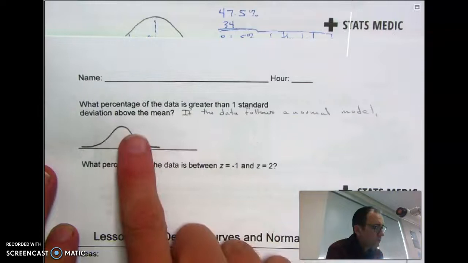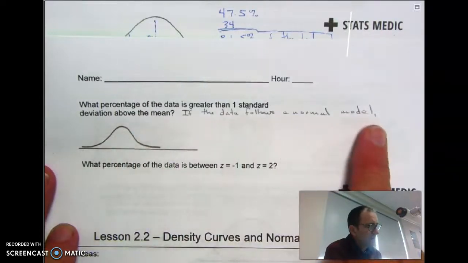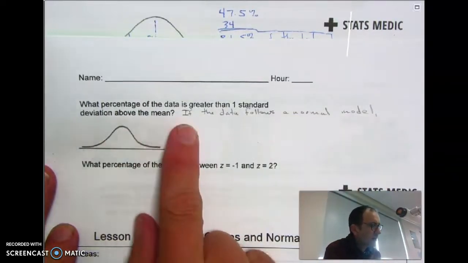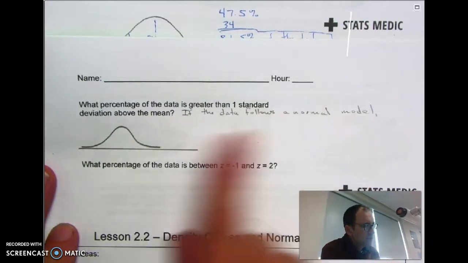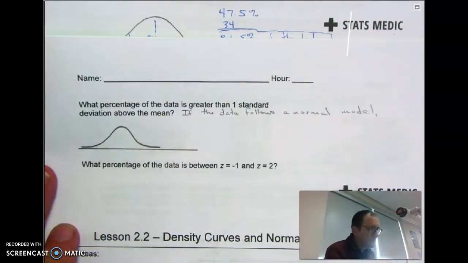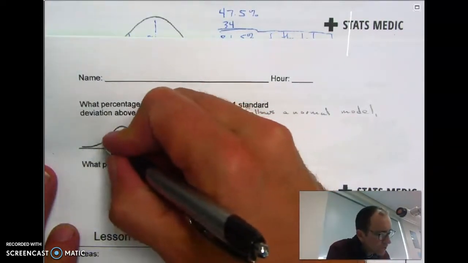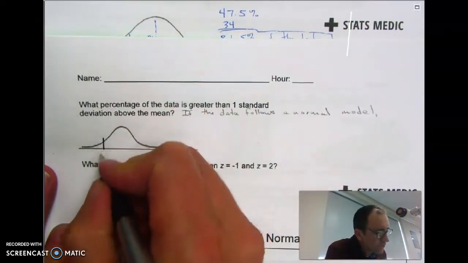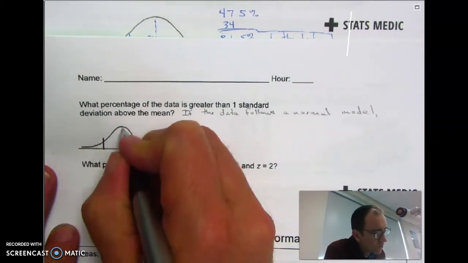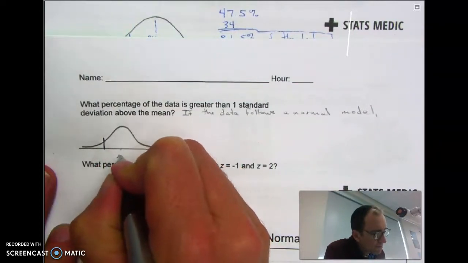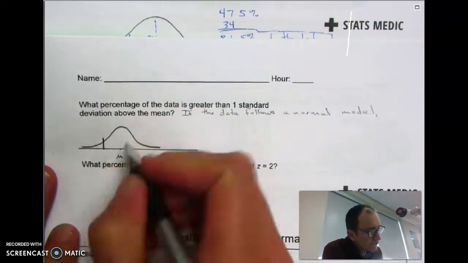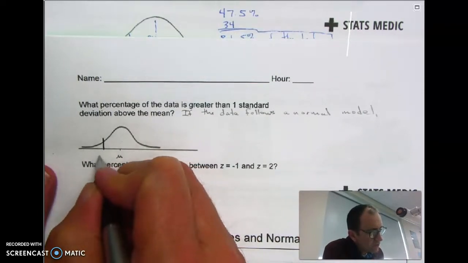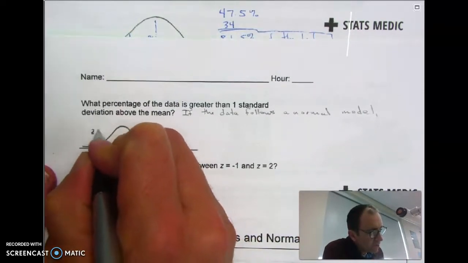So as we look at applying the 68, 95, 99.7 rule, if the data follows the normal model, then we know that 68% of the data will be within 1 standard deviation of the mean. So if this is 1 standard deviation below the mean, here would be the mean, so we'd be at a z-score of negative 1.